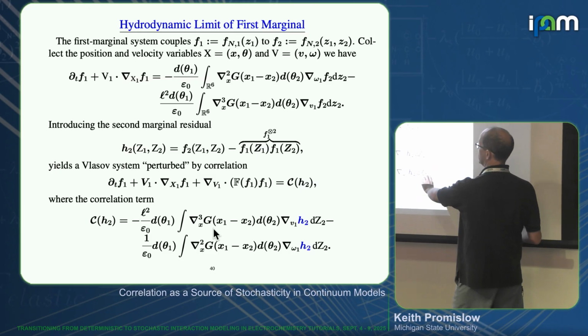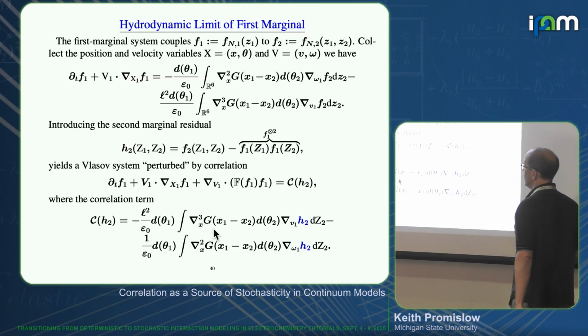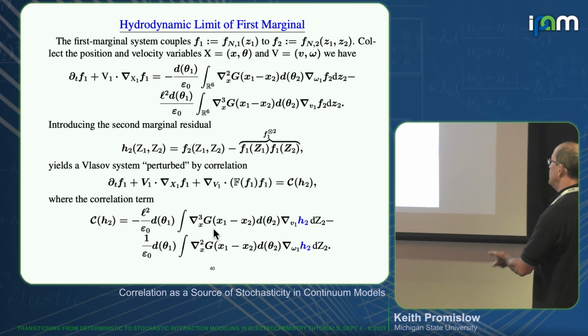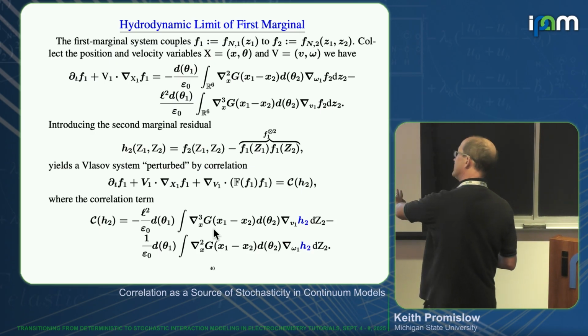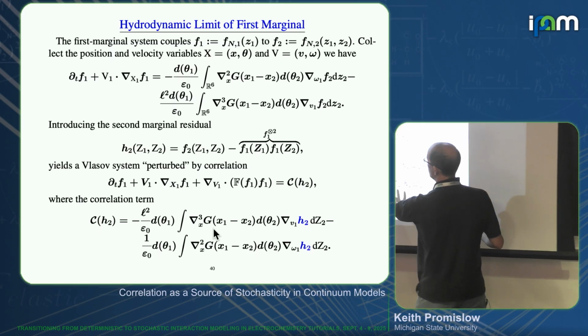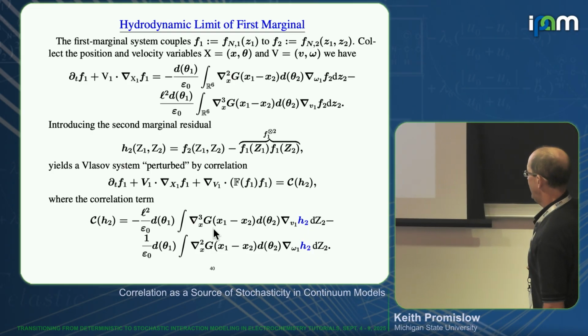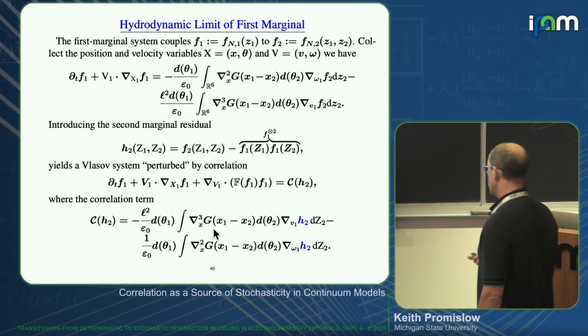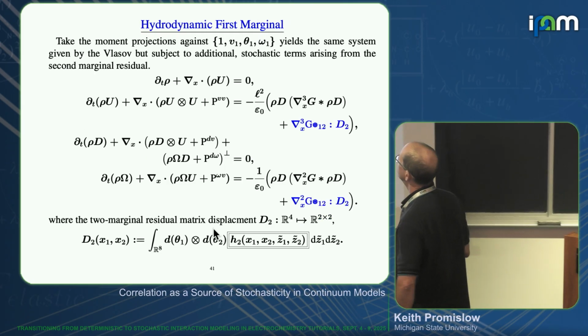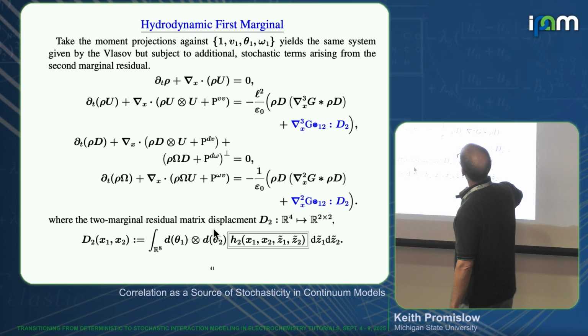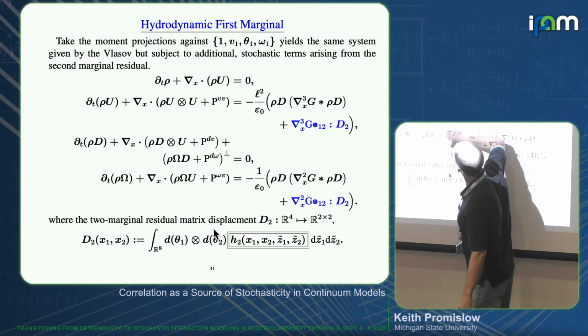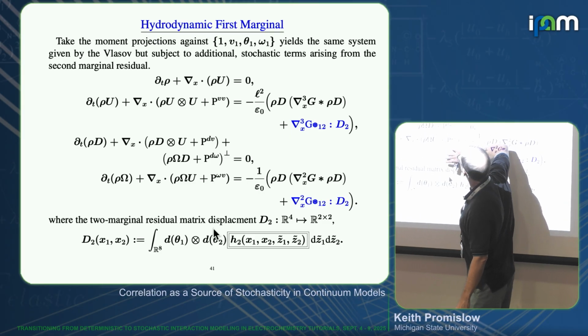If I think that this is the term which is driving stochastic perturbations, fluctuations in the system, it fits inside here. It gets mollified by this kernel. And it enters into the equation not in a haphazard way, but in a very functional way. So what comes out when I look at the continuum limit of the first marginal?